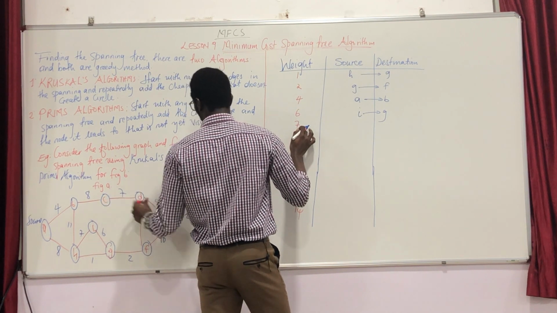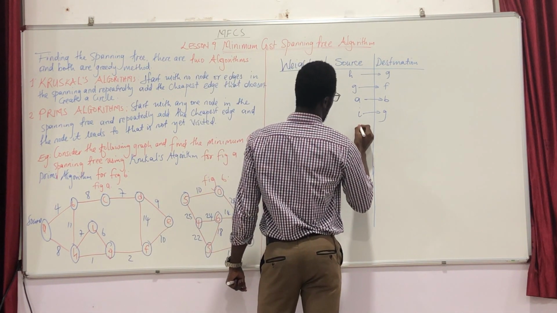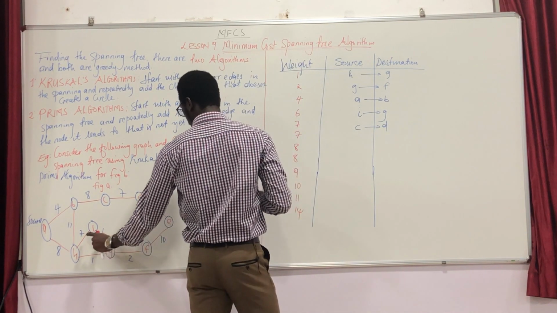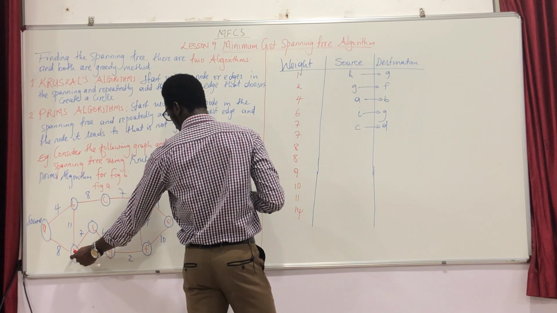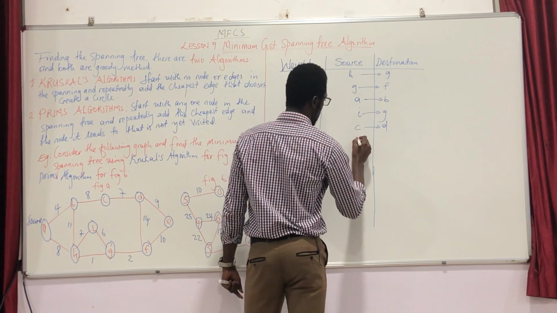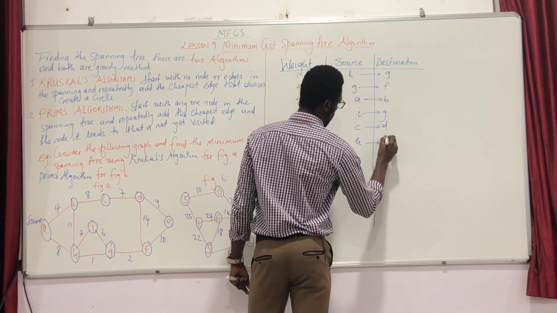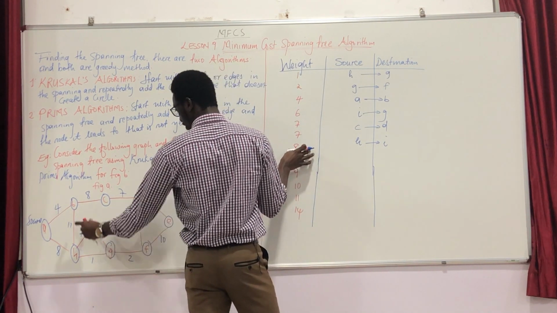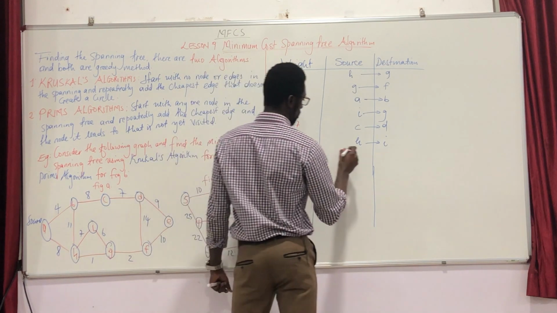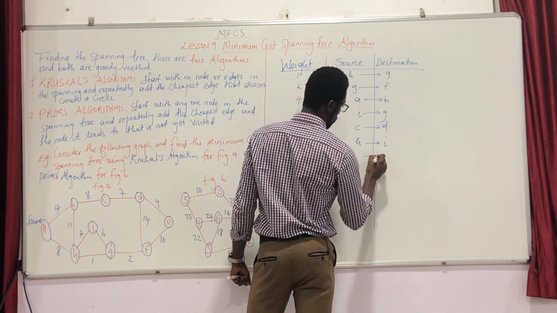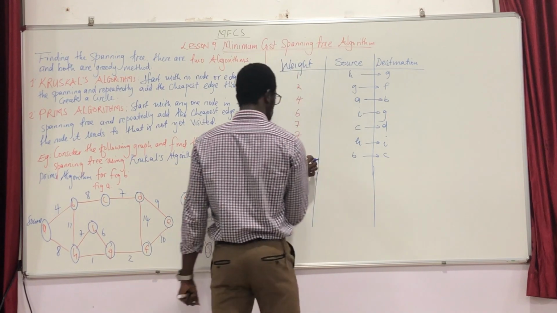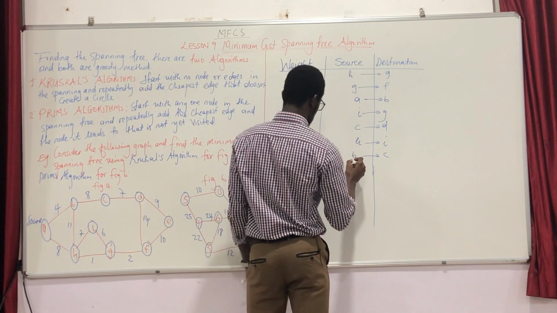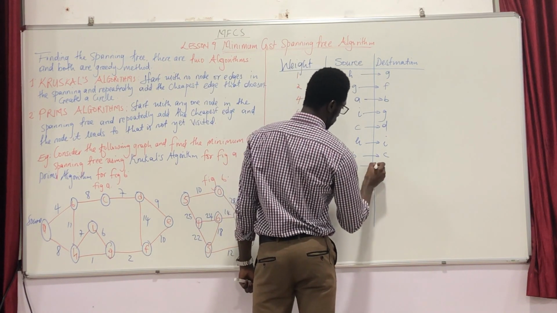So we can say C to D, then the other one is H to I. For 8, we have B to C. Another 8, we have A to H.